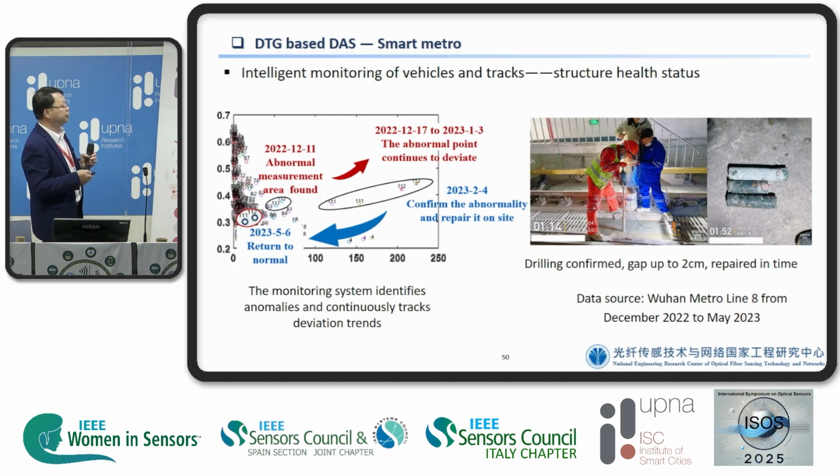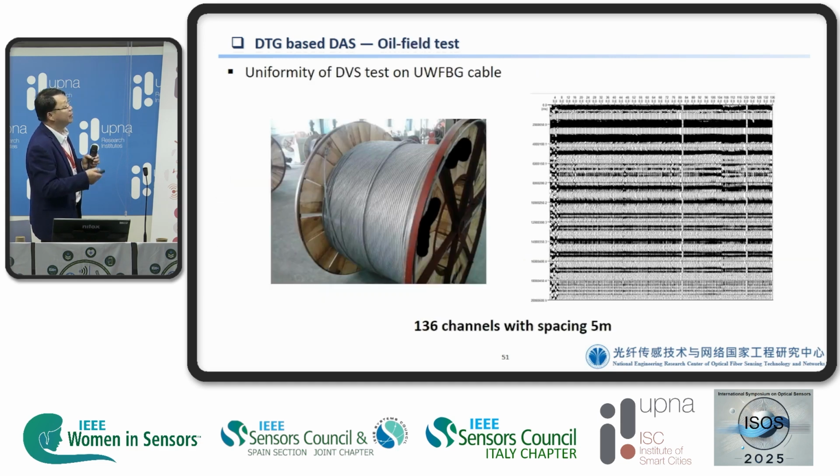And this is another application for the so-called monitoring of the structure. For example, here if there's a dream somewhere around the tree, and then you can get the different signal or different information good for real applications. But this is another also for the DAS applications for the oil field.